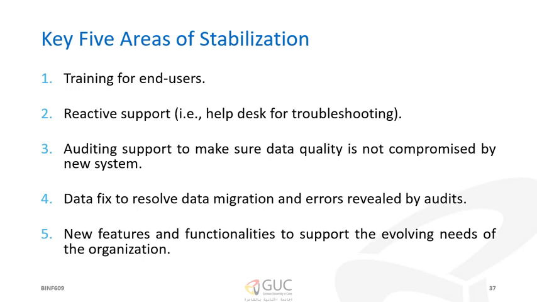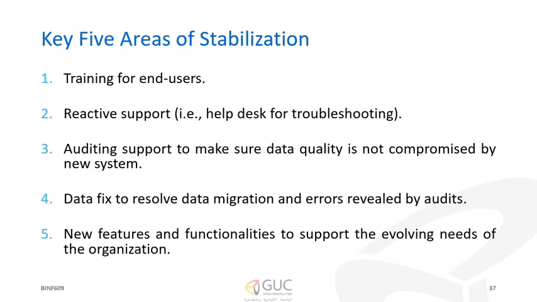Stabilization is the time from going live to about 90 days after, or until the number of issues and problems has been reduced. An effective response to stabilization issues will determine how well the system is accepted by the end users and management.